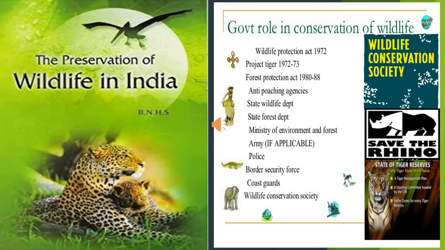Anti-poaching agencies: State Wildlife Department, State Forest Department, Ministry of Environment and Forest, Army, if applicable, Air Force, Police, Border Security Force, Coast Guards, Wildlife Conservation Society.